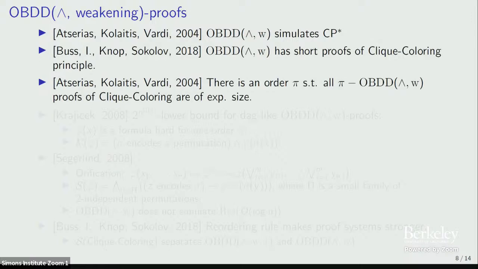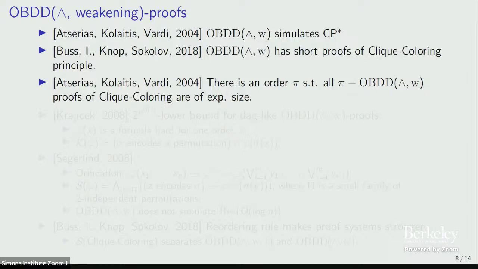It turns out that there are short proofs of the clique coloring principle in this proof system, and it was even noted by Tseitin, Kalitis, and Vardi that there is such an order of variables that if we consider refutations where all OBDDs use this particular order, then any proof of clique coloring has exponential size.